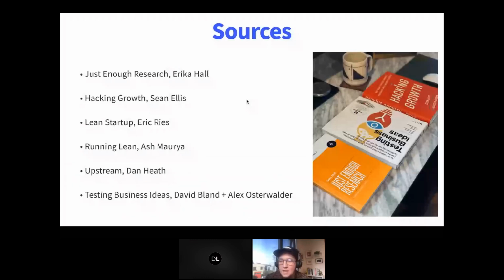There are many more that I think are helpful, especially if you're looking to get into a startup or are in a startup organization yourself. Running Lean, Lean Startup, and Upstream in particular are three really good books that focus more on that size and scale of business organizations. But these are all things that can be brought into a larger enterprise as well.